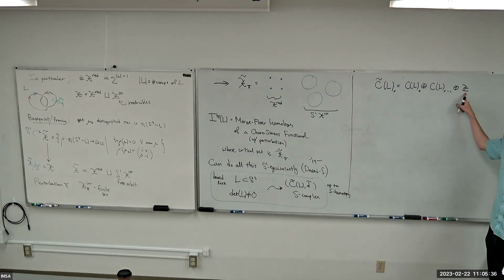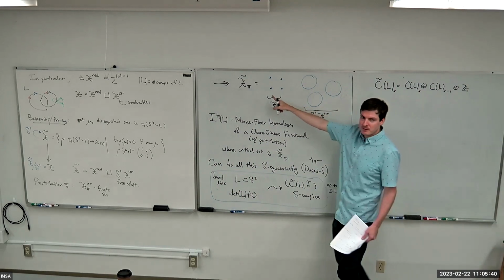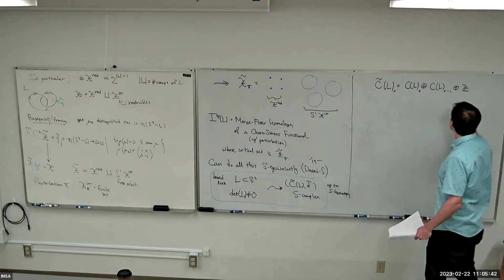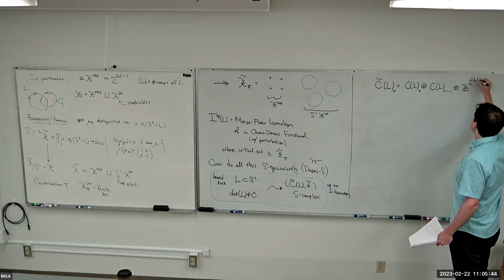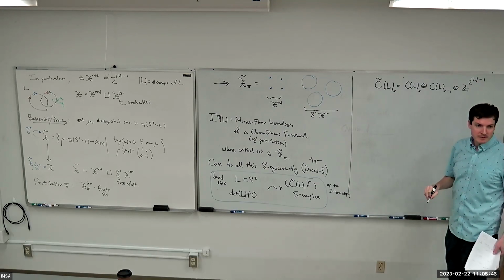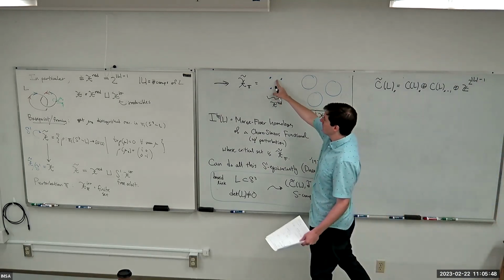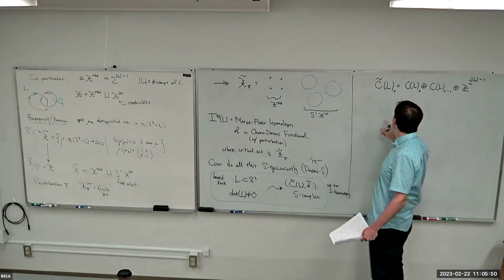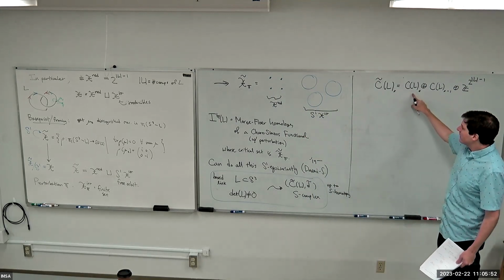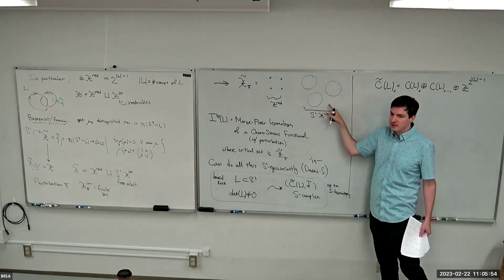There's going to be a distinguished summand over here, which will encode all these points, the reducibles. That's going to have rank 2 to the L minus 1, the number of reducibles, basically the free abelian group on the reducible part. And then the other part of the complex is basically the homology of these circles.